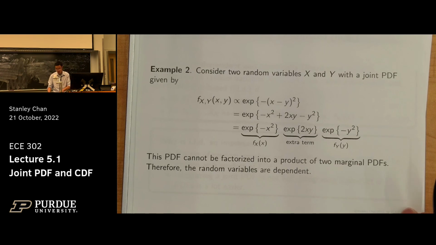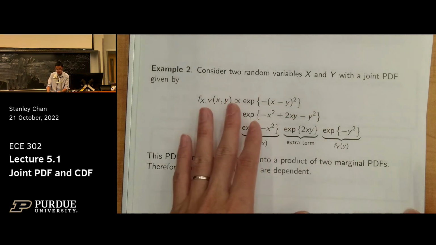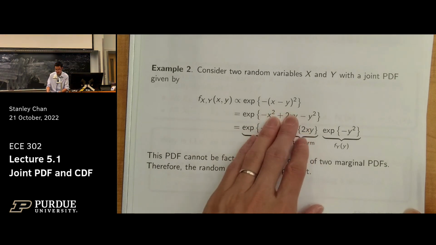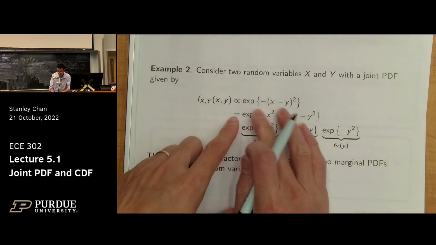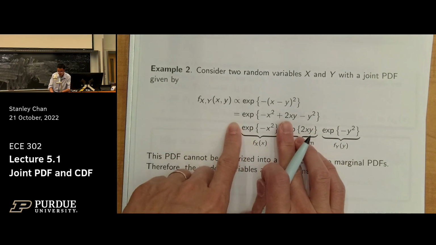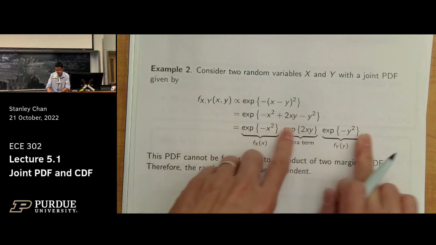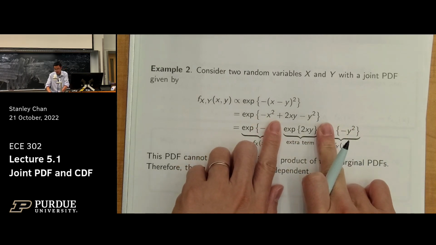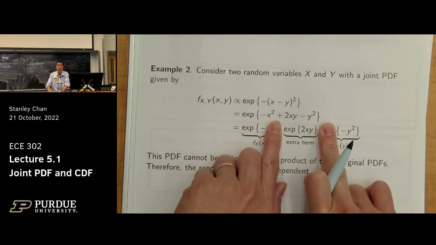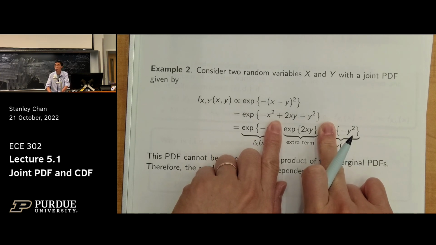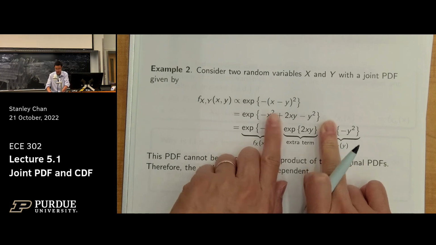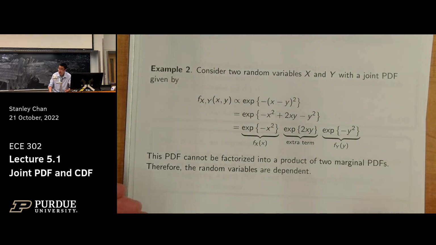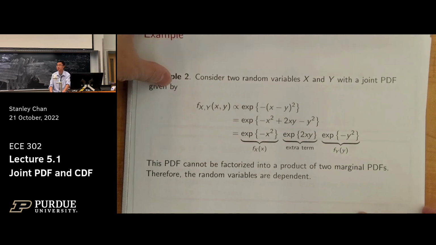Here is an example that shows you that a PDF with this form is not independent. And here's the reason. If you do the factorization, you have a term that contains only x, and a term that contains only y. But you have an ugly term that has this cross interaction between x and y, and there's no way that you can separate them. Therefore, you will say that x and y are dependent because you cannot factorize.